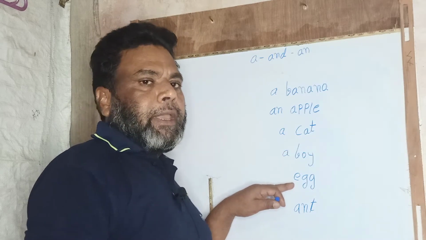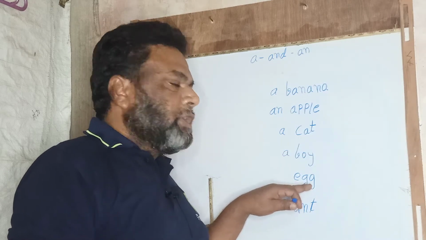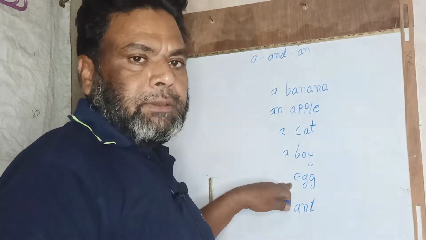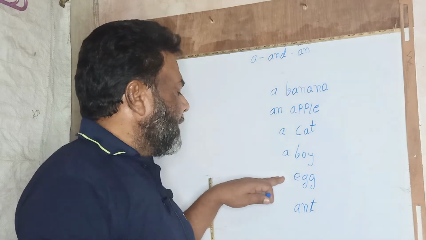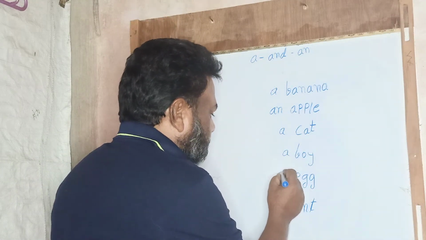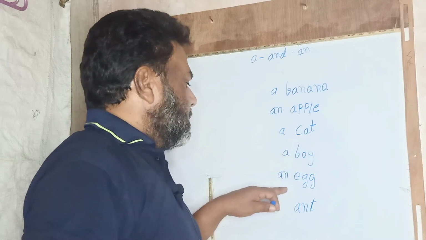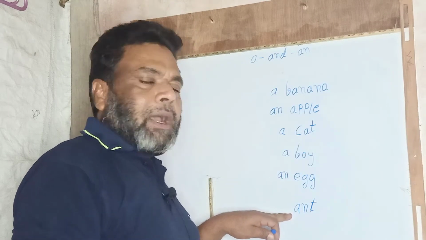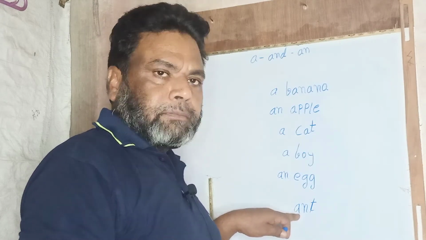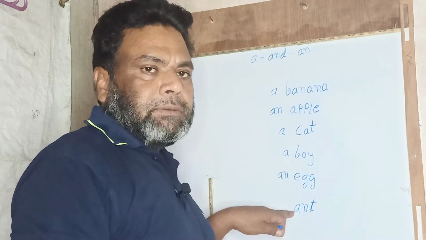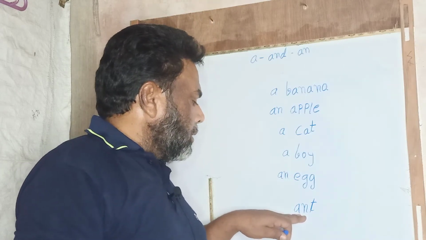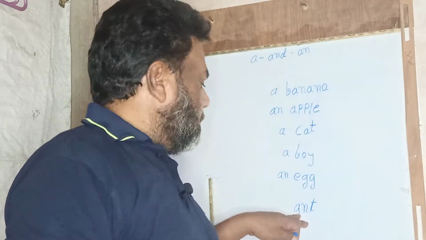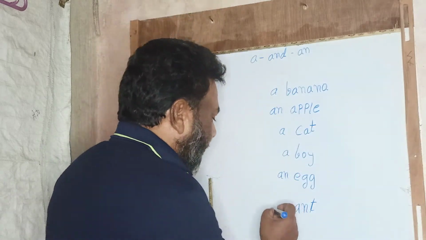And next one, egg, E G G. E is a vowel, so here we use an egg, an egg. And the last one, ant, A-N-T. The first letter A is a vowel, so here we use an ant.